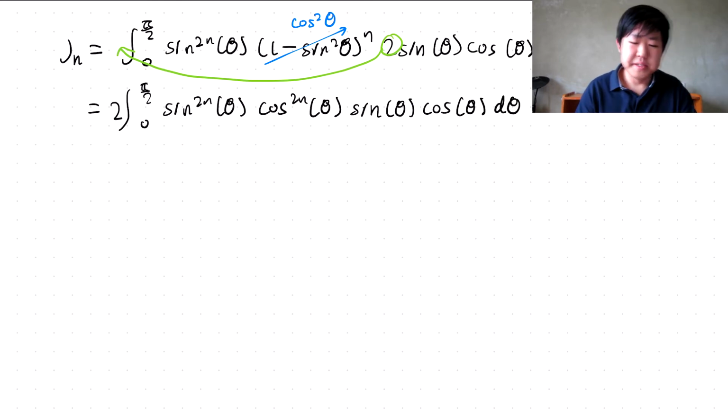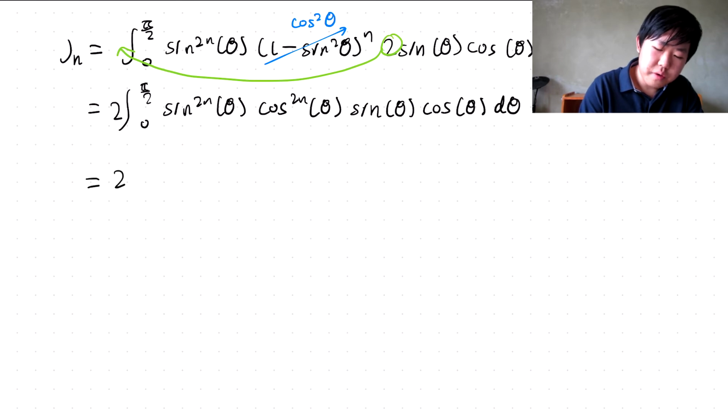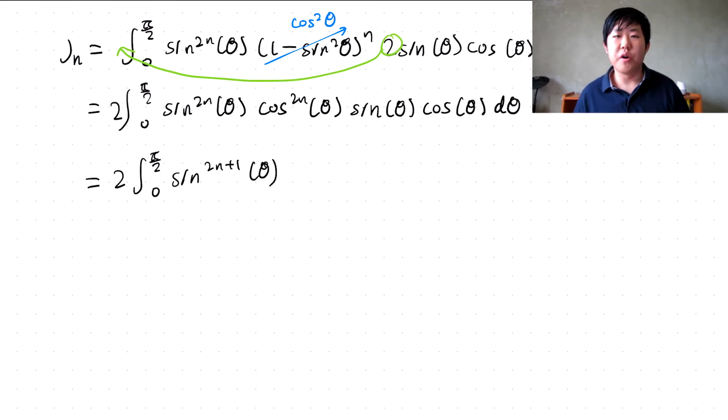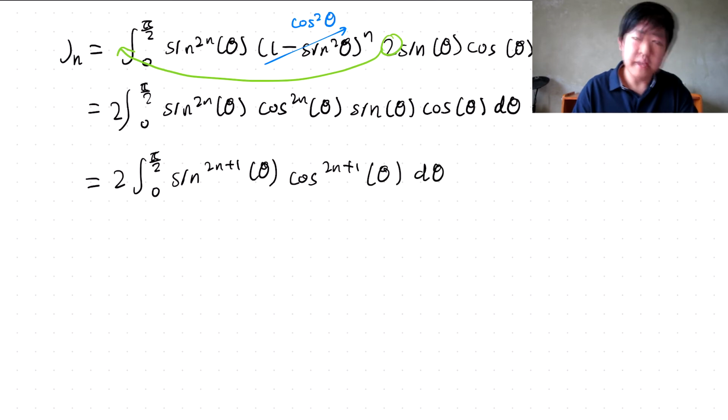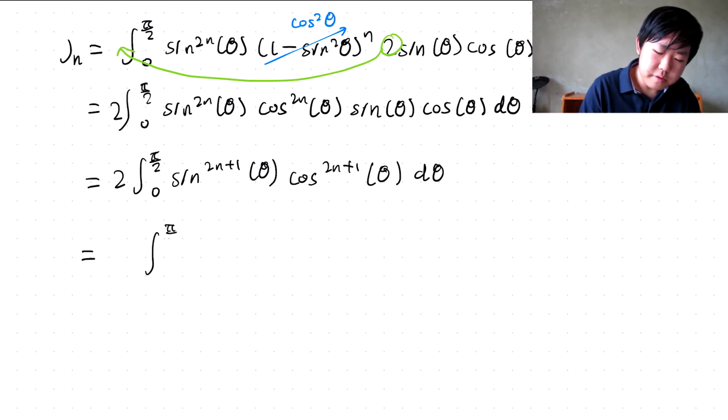Now let's simplify this. So 2 integral from pi over 2 to 0 of sine 2n plus 1 theta. Now it looks very similar to what we got in part 1. So cos 2n plus 1 theta and then d theta. And now what we're going to do is pi over 2, 0.